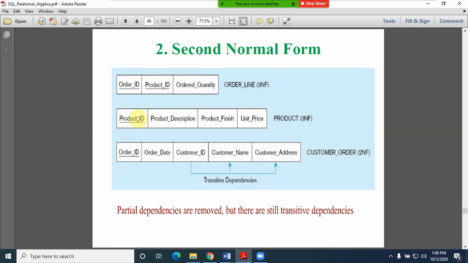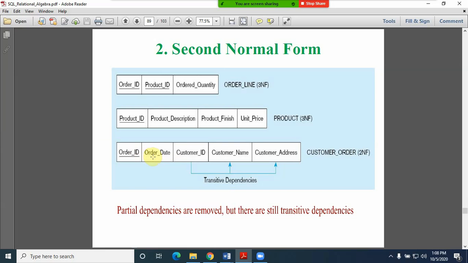Product ID is the key for product description, product finish and unit price, and this becomes one table. And order date, customer ID, customer name and customer address, I am making use with the order ID.